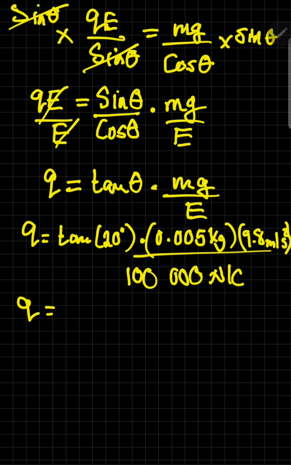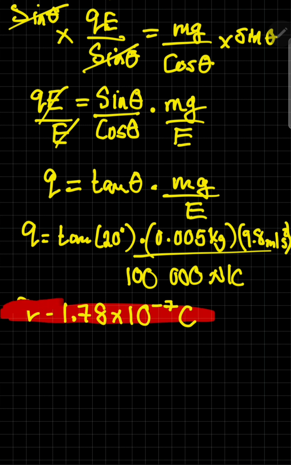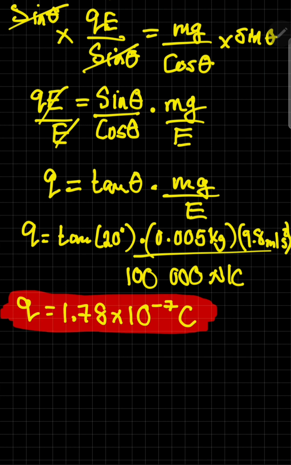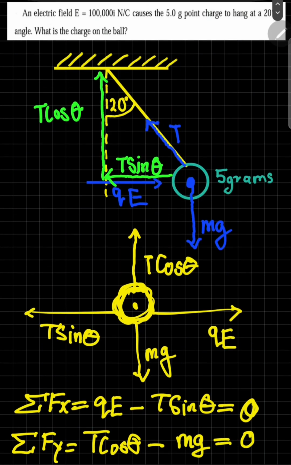Okay, and we get that the charge of the ball is 1.78 times 10 raised to the power -7 coulombs. And that right there is the charge of the ball.